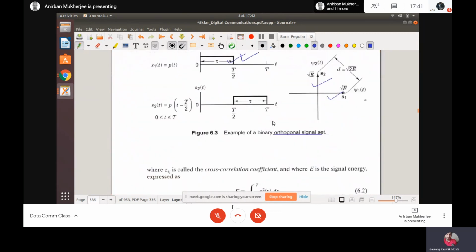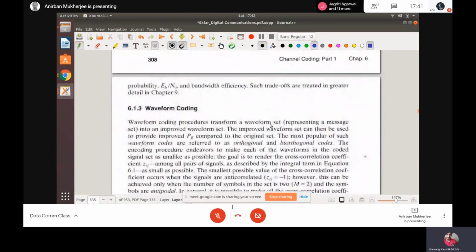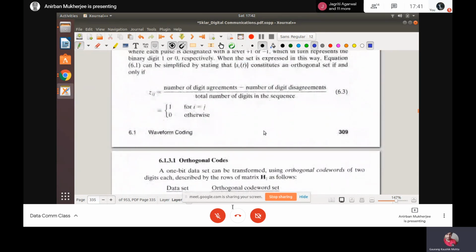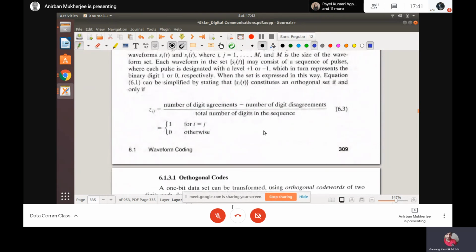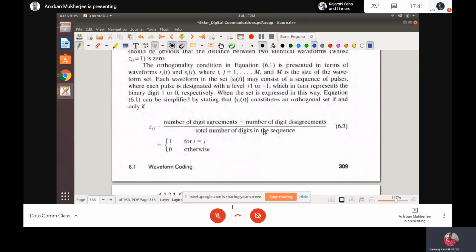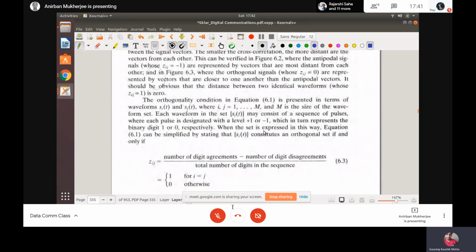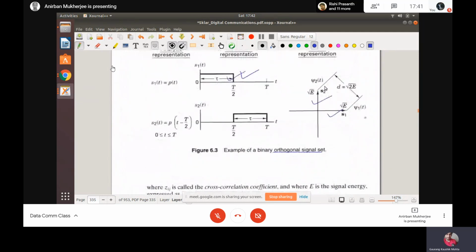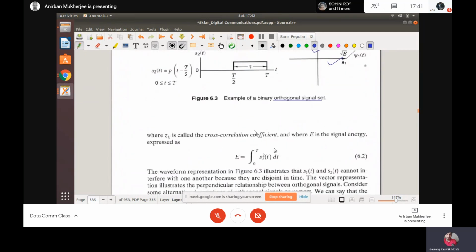Now in the case of waveform coding, this orthogonality condition makes life simple. Because with orthogonality you always have to check whether they are in this direction or that direction, and you have to calculate the cross correlation coefficient.